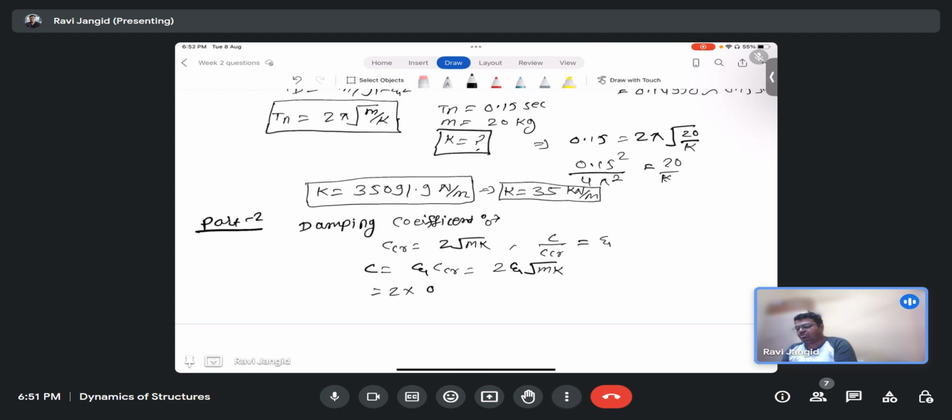You have m, you have k. So xi is 0.0128, m is 20, and k is 35091.9. So can you tell me what is the value of C?